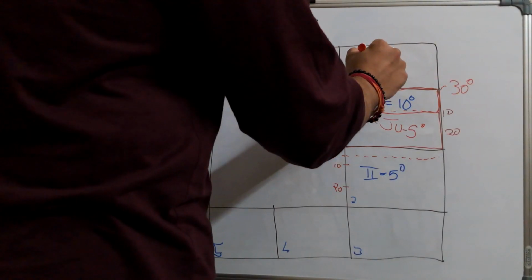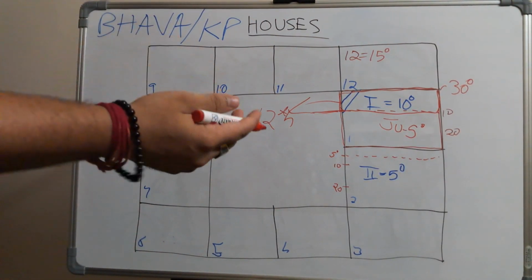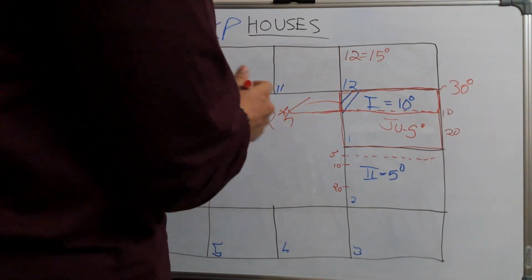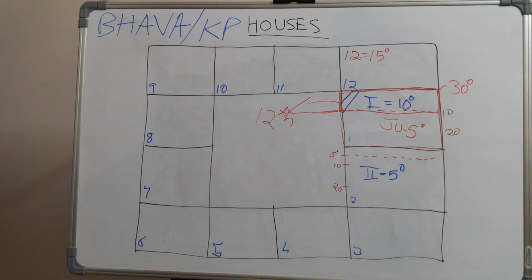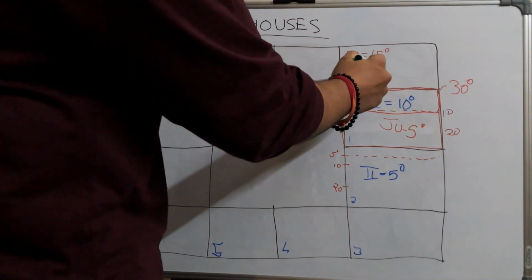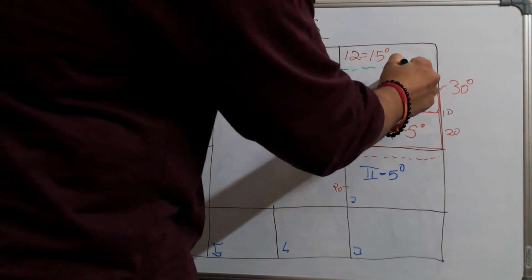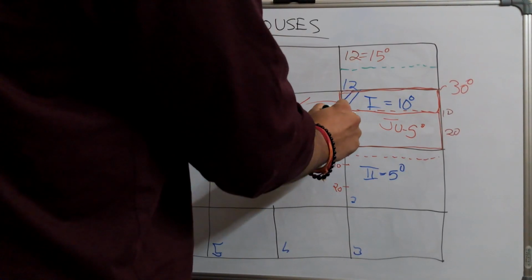12th house here is showing 15 degree. I'm just rounding off these degrees to keep things simple. Okay, so 12th house here, I'll change the color. So 12th house, let's say, is 15 degrees, so half of this box, and is till here.